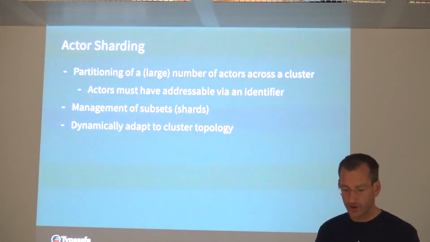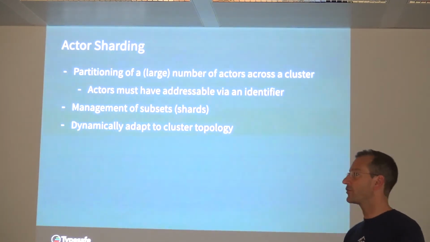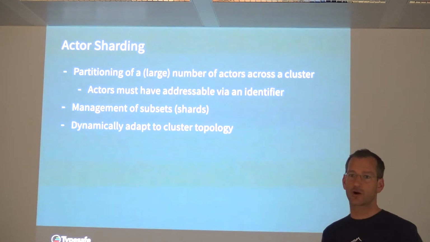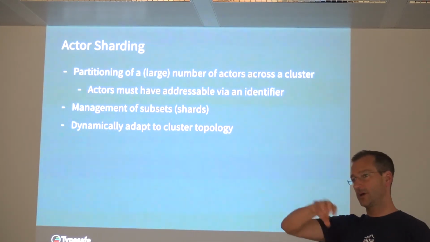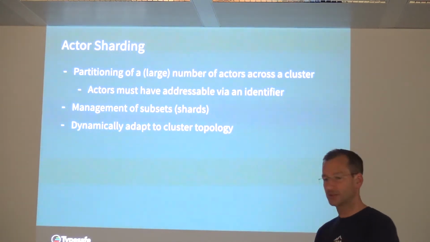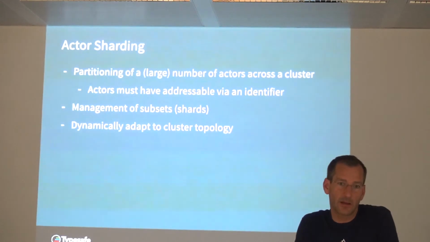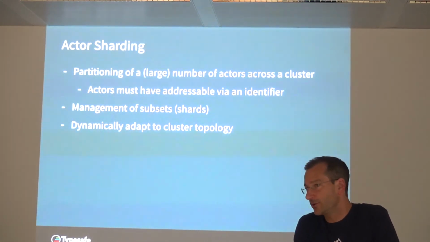So actor sharding will manage subsets of your actors. They are grouped into shards, let's say into 10 or 20, and just moved in those shards across the cluster, and it dynamically adapts to the cluster topology, which means if you start with a single node, it will work.